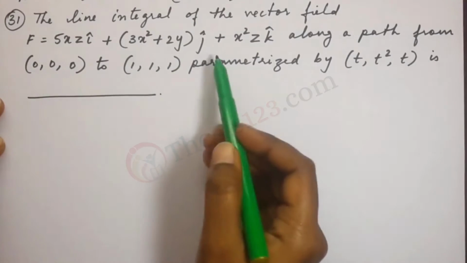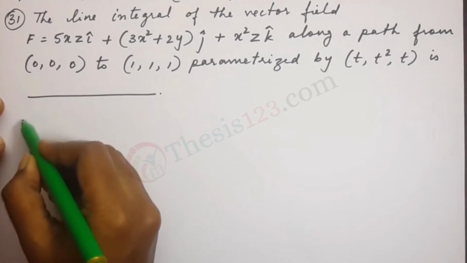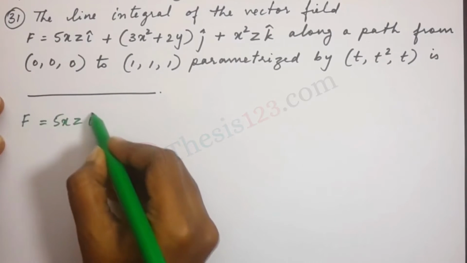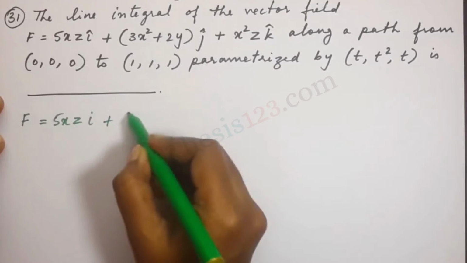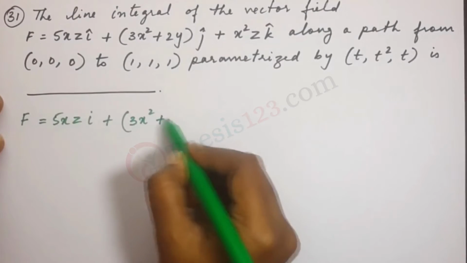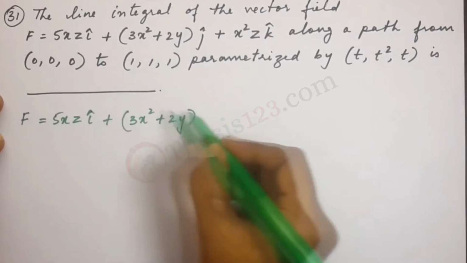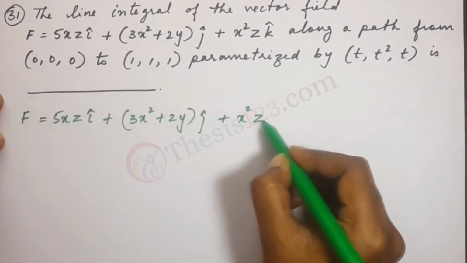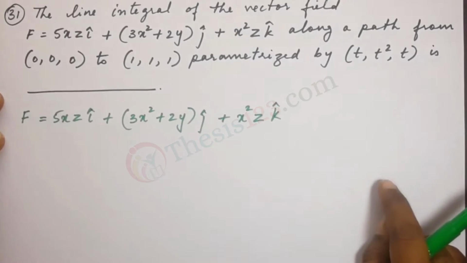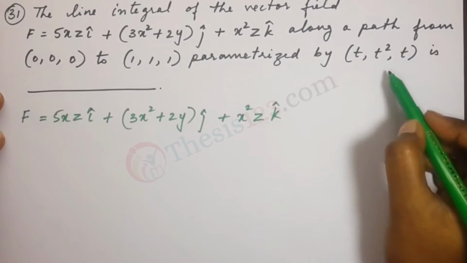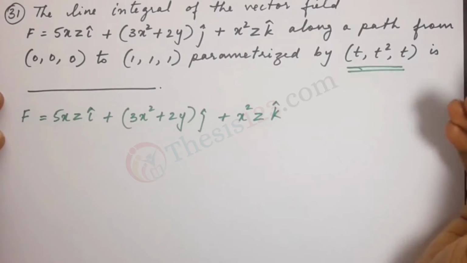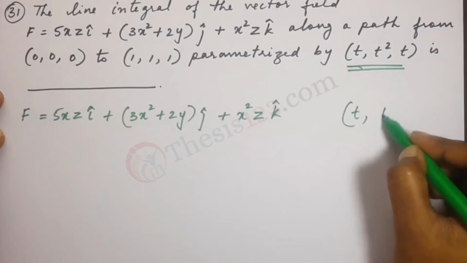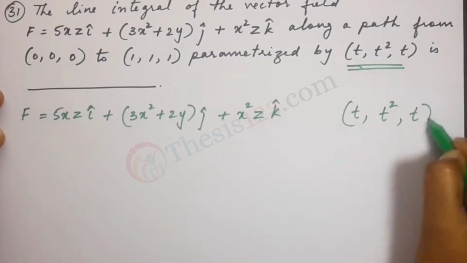Let's start with the vector field given to us. The field equation is 5xz i cap plus (3x square plus 2y) j cap plus x square z k cap. And we have been given the point by which it needs to be parameterized: t, t square and t.